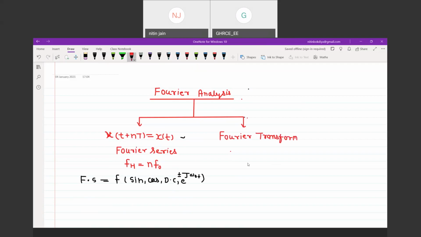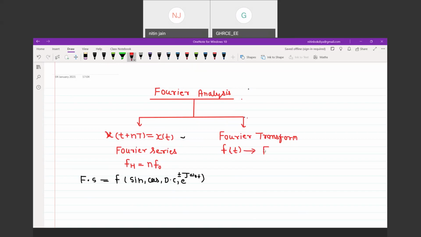It changes the index of the signal. If your signal is given in time, suppose time constant is given, then the Fourier transform will talk about the bandwidth of the signal.